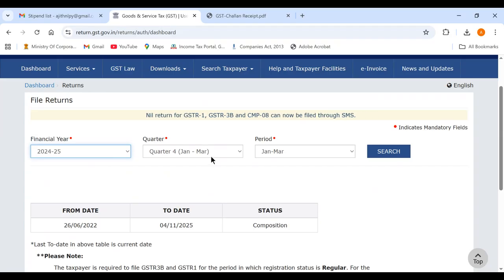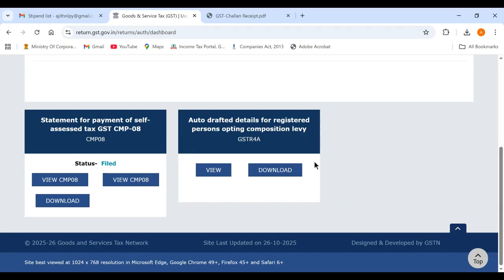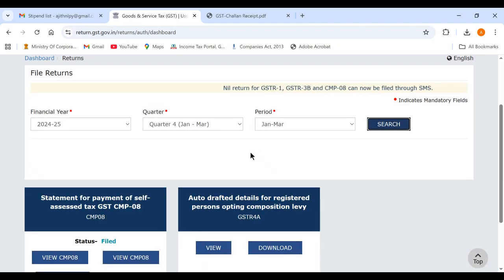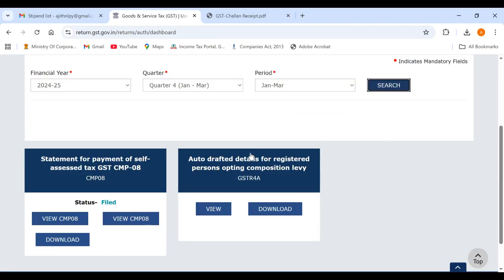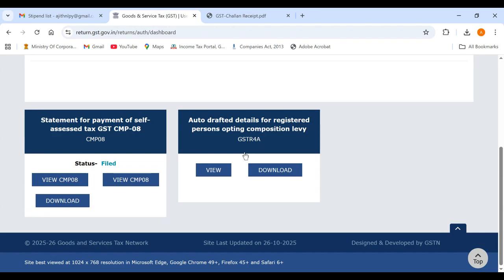For 24-25 here also CMP 08 is filed, and GSTR 4A, you may see the credit appearing in the composition person's ledger, just as GSTR 2A in the case of regular taxpayers. Here it would be GSTR 4A.